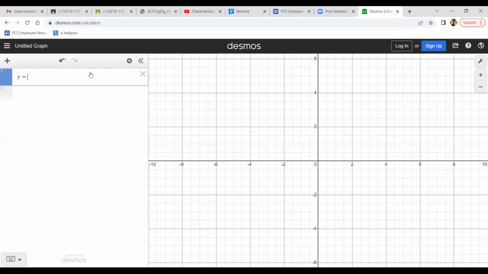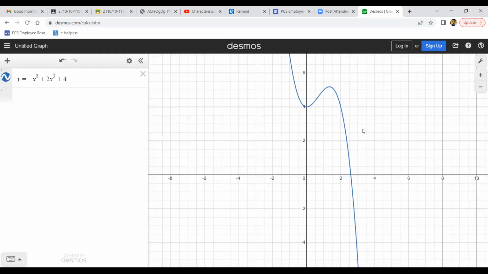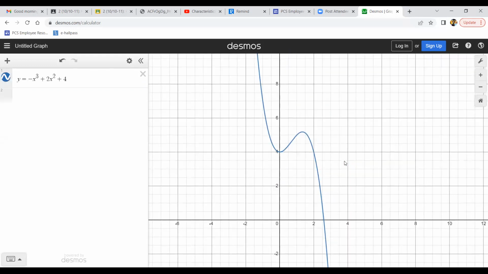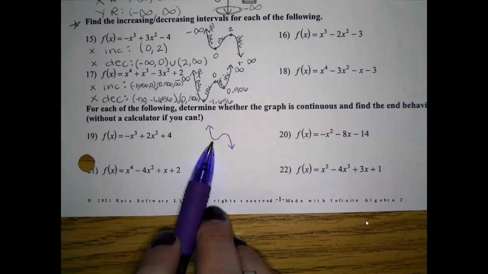And then we're going to go ahead and figure out how to describe the arrows. So I'm just typing in 19 and I have enough right here so I can draw a little sketch. Okay, so I just drew a little sketch.